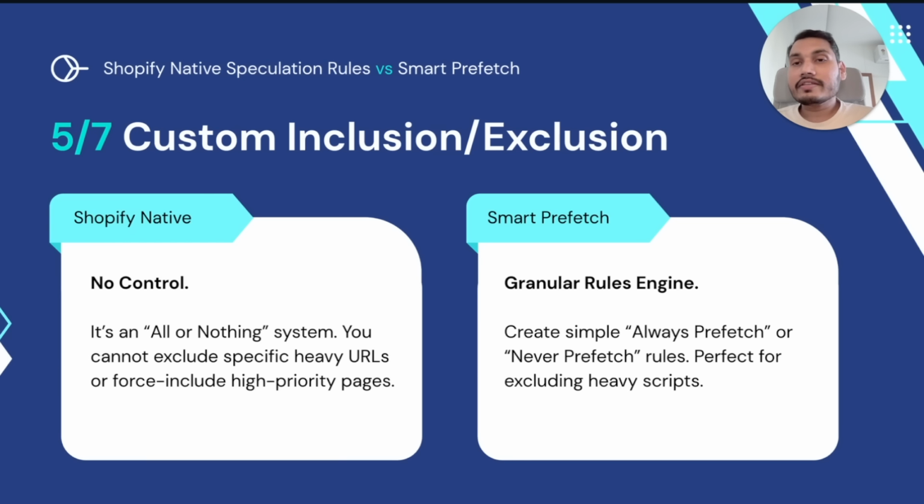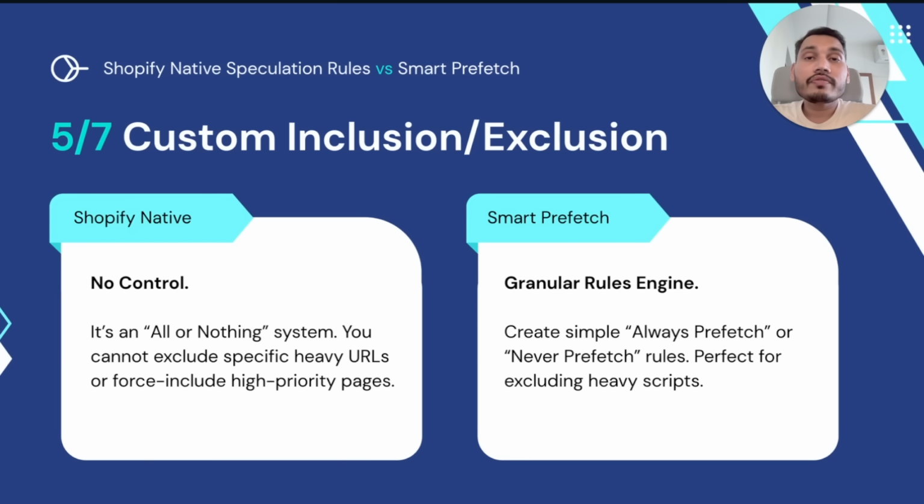So for any reason, if you want to exclude some URLs from being prefetched, you cannot do this in Shopify native. On the other hand, if you want some URLs to be always prefetched, you also cannot do this. And there are some use cases for this. For example, on Shopify, your visitors, when they come to buy a product, they probably go to the size guide, or they check the return policy.